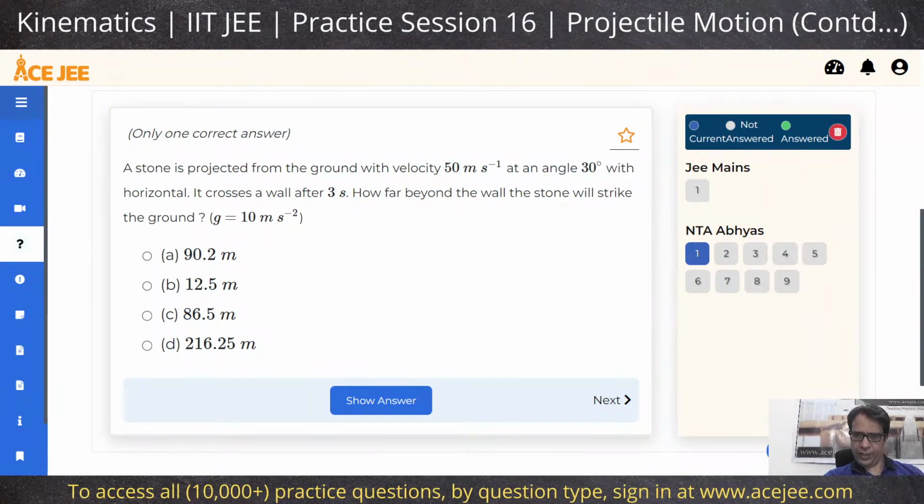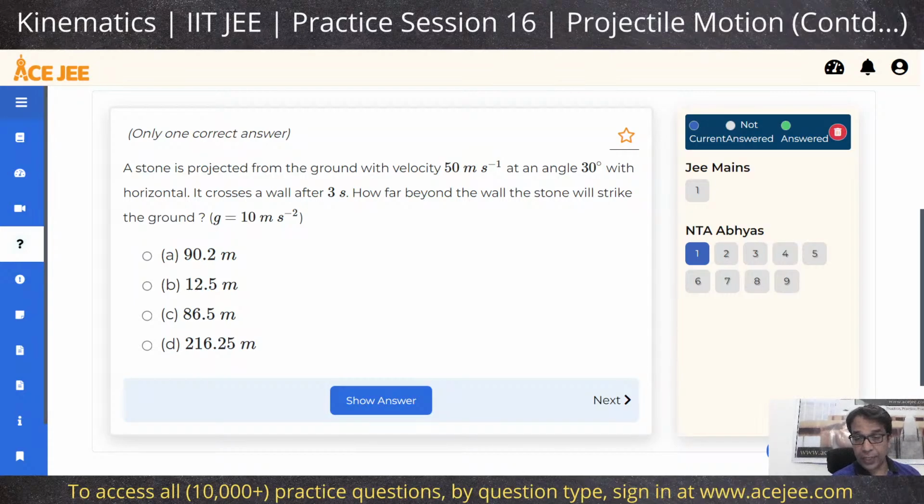While you guys are trying to solve it, let me just double check and see if there is any issue with the question here. No, the height of the wall is not given. Aha.